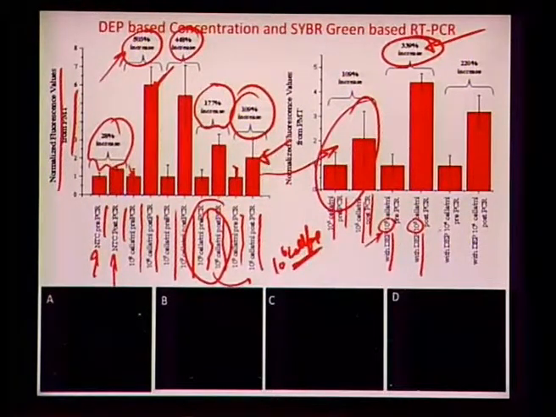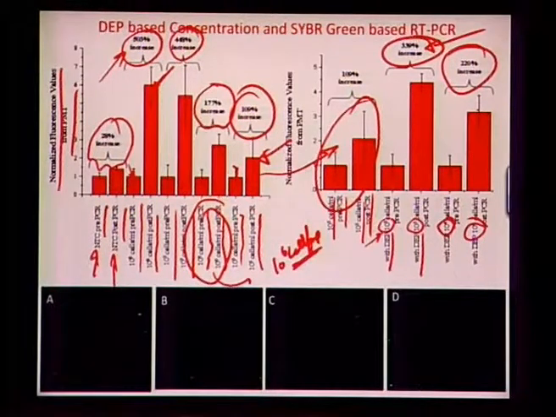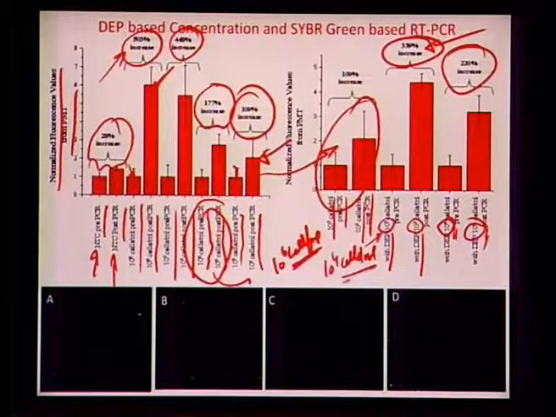And if you translate this to 10 to the power of 4 cells per mil, pre and post shows about a 220% increase, with the error bar still substantially away from each other, which means that we can really go at least 2 orders, from 10 to the power 6 to 10 to the power 4 cells per mil, and still be able to successfully demonstrate the RT-PCR process even though the cell concentration is minuscule.